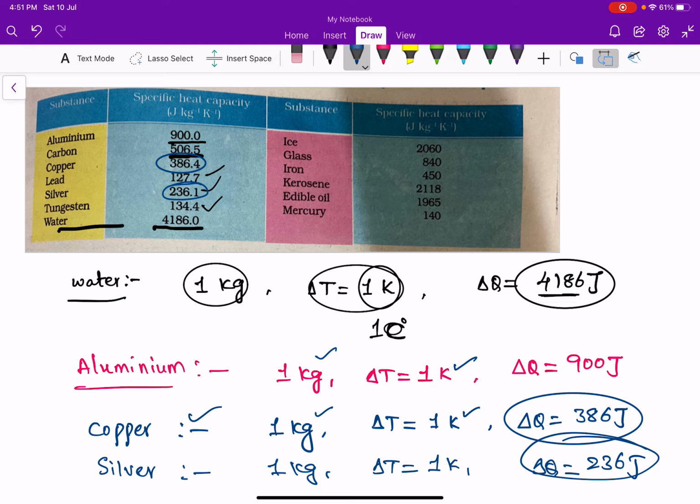Instead of buying silver vessels, we can spend our money on gas cylinders. It is very expensive to buy silver vessels instead of aluminum or copper. So that's why under the aluminum vessels, a copper coating will be there, because copper's specific heat capacity is less compared to aluminum.